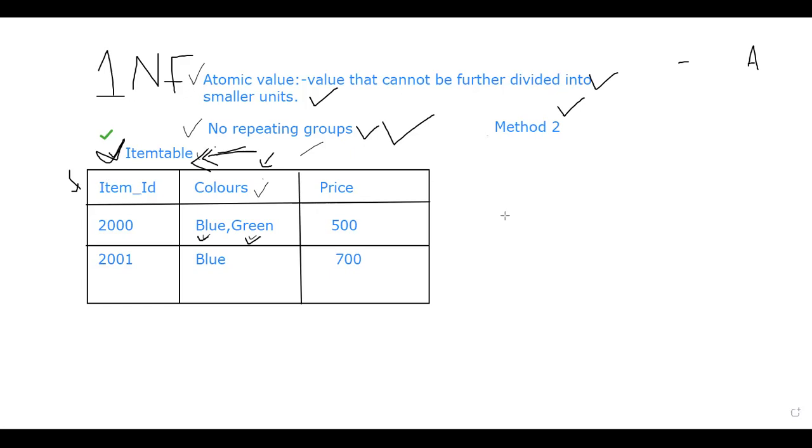Okay, so let me have a table here as the item table, and then let me have the colors attribute separate, right?